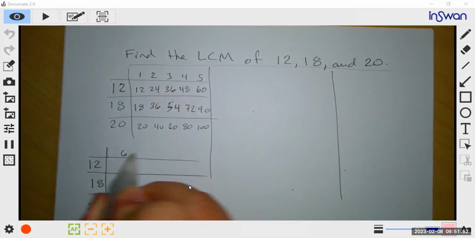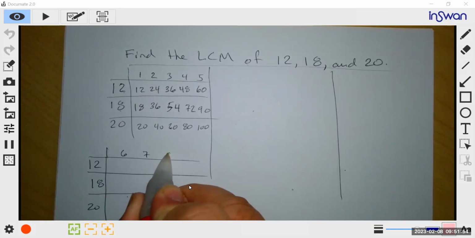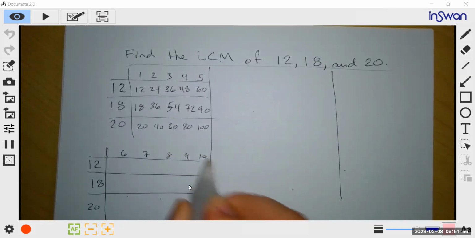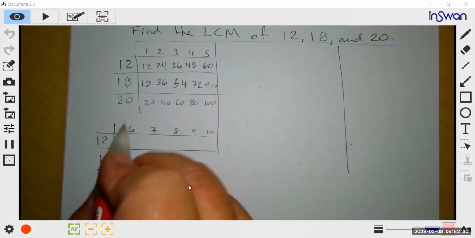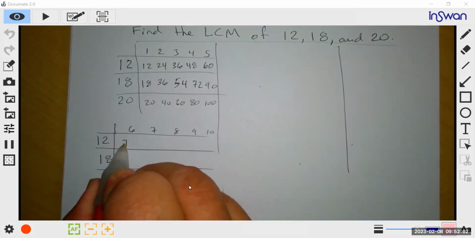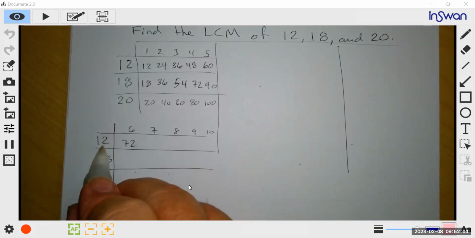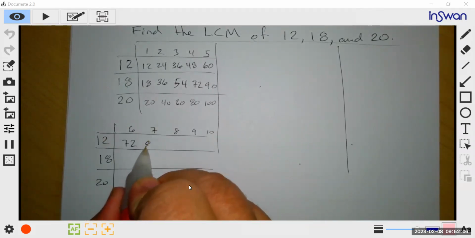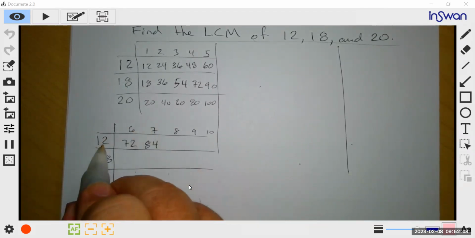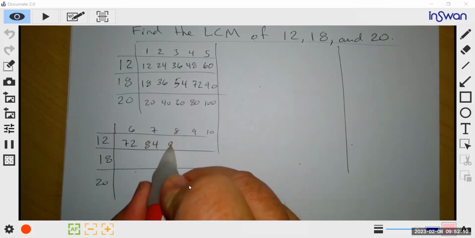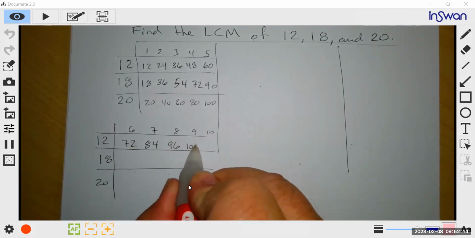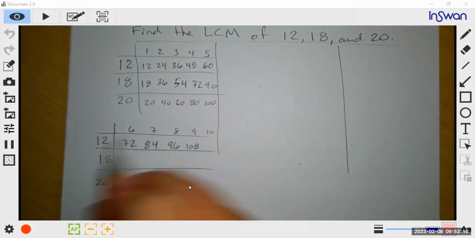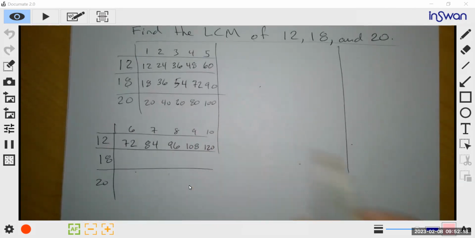So we left off, so 6, 7, 8, 9, 10. 12 times 6 is 72. 12 times 7 is 84. 12 times 8 is 96. 12 times 9 is 108. 12 times 10 is 120.